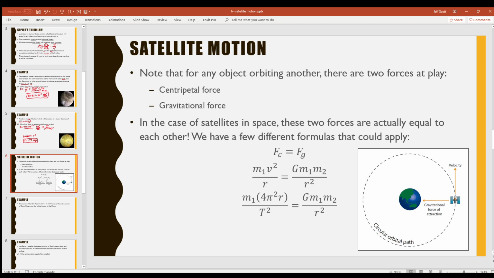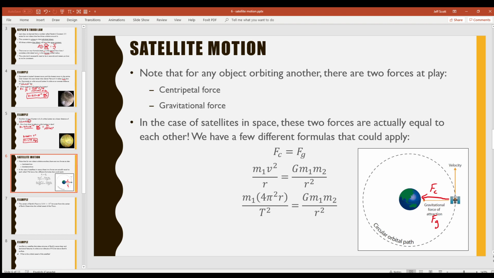It's orbiting around Earth. What I want you to note is that for any object orbiting around another, there's actually two forces at play. There's the centripetal force that we've been talking about this entire unit. We call that Fc. Fc always points to the center of a circular motion. But also, as we'd be more familiar from earlier, especially in our dynamics unit, we also have Fg pointed in the exact same way.